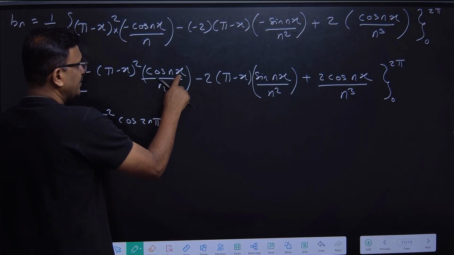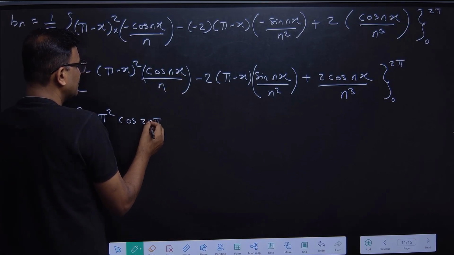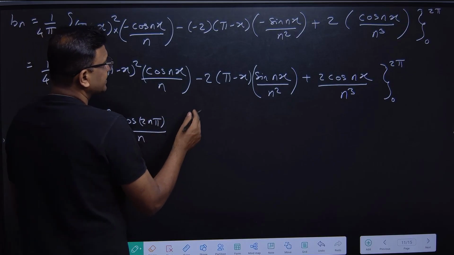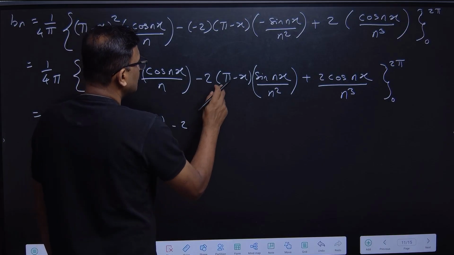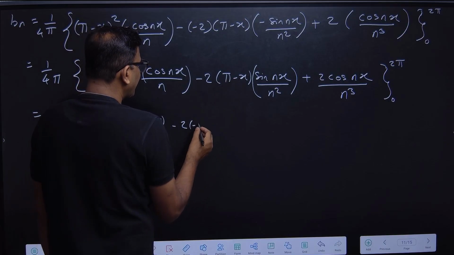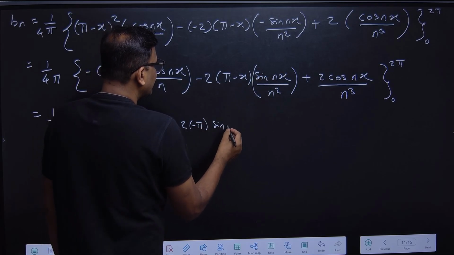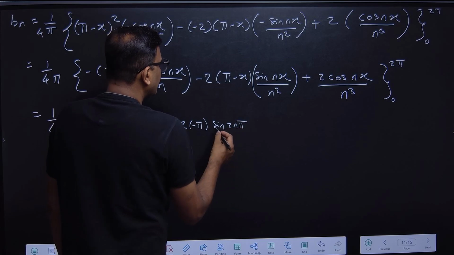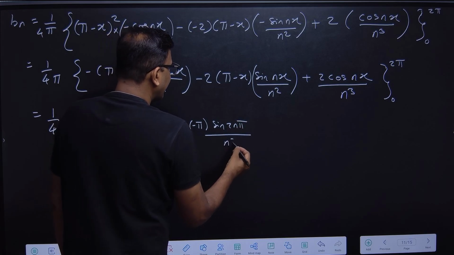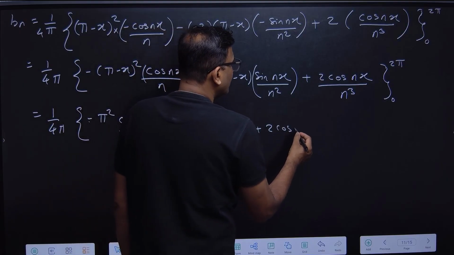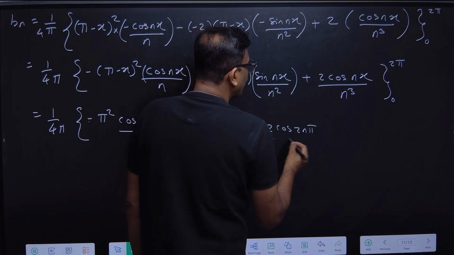In place of x I am writing 2 pi. 2 pi into n becomes 2n pi. So it is cos of 2n pi upon this n as it is. Minus 2 into (pi minus 2 pi) will be minus pi. And if I put x as 2 pi here, it will be sine of 2n pi upon this n square as it is, plus 2 cos of 2n pi upon n cube.